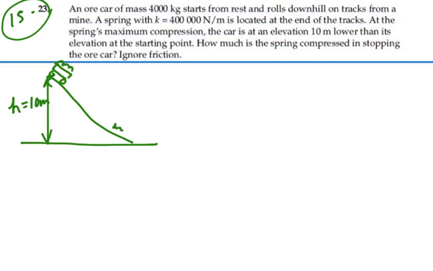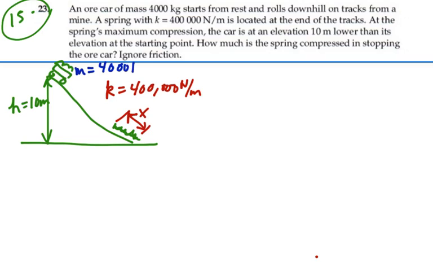And so it's going to hit some kind of spring at the end and compress that spring some distance x. Spring constant is given as 400,000 newtons per meter, and of course the mass is given as 4,000 kilograms.